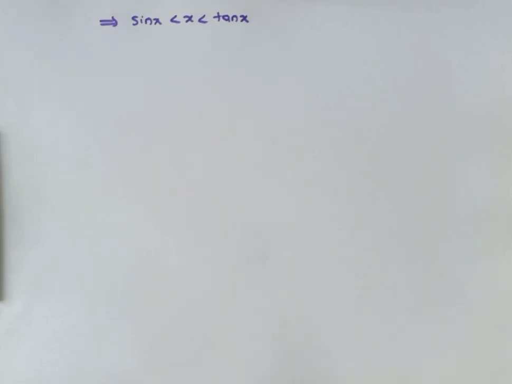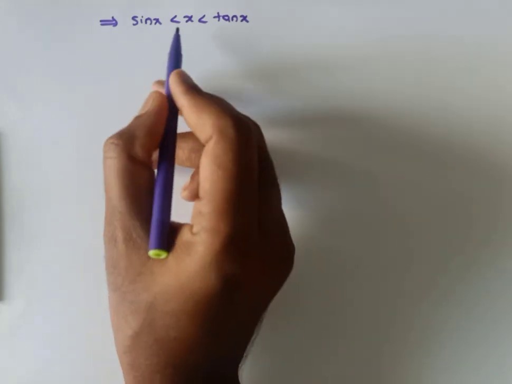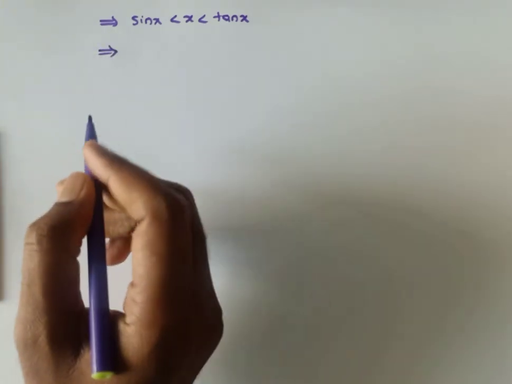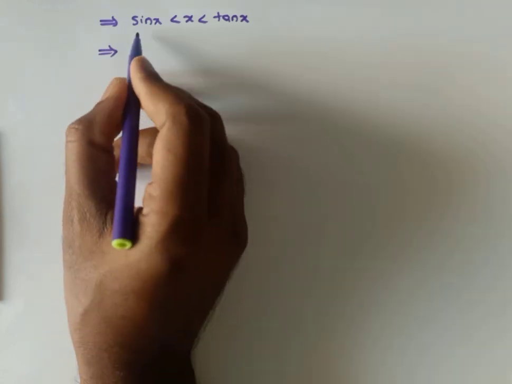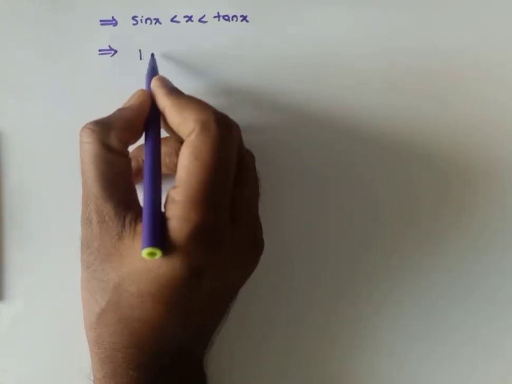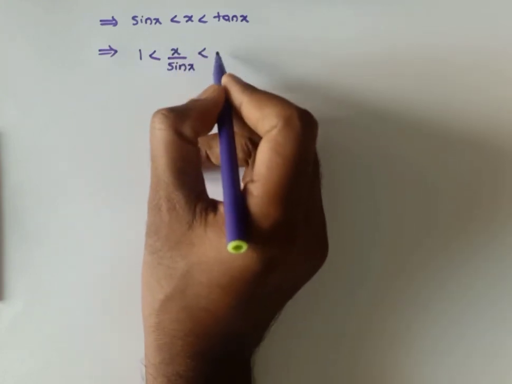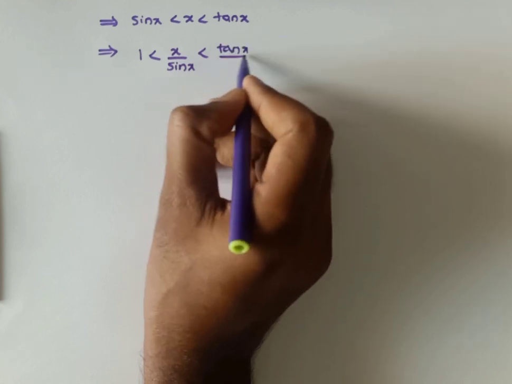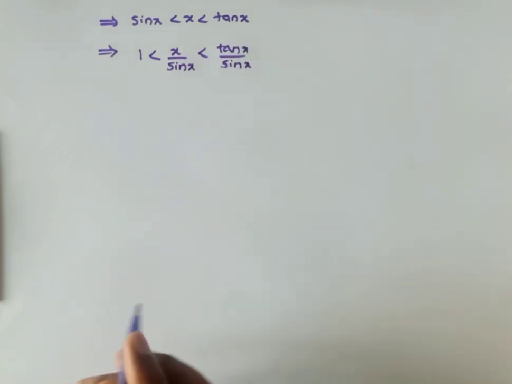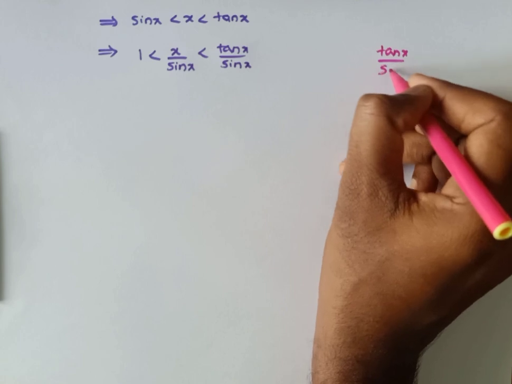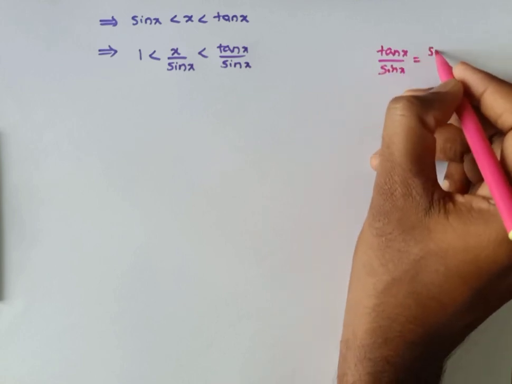But what do we have to find? We need to find the sin X by X form. So first, try to get the inequality like sin X by X. From this, divide the entire inequality by sin X. Is there any problem? From 0 to pi by 2, sin X is positive, therefore sin X by sin X is 1, which is less than X by sin X, which is less than tan X by sin X. Tan X by sin X can be written as: tan X means sin by cos, right?